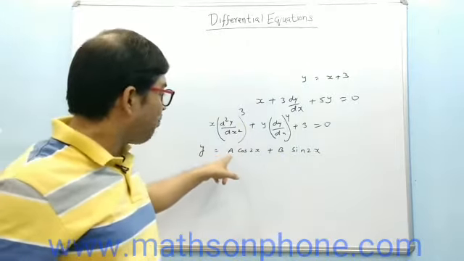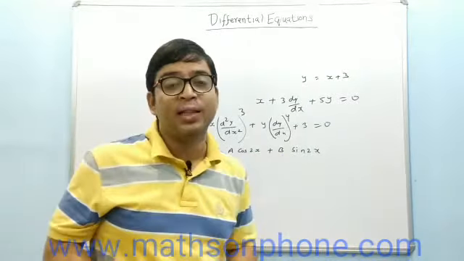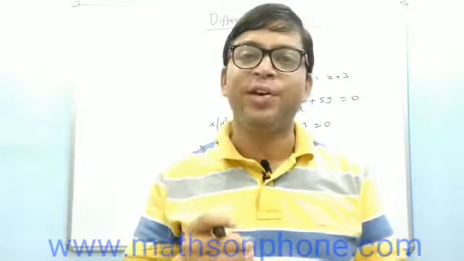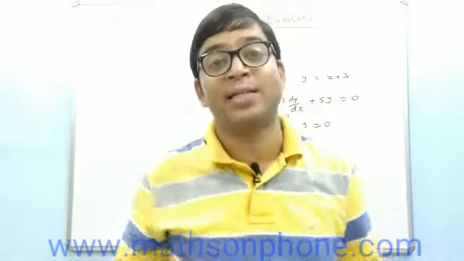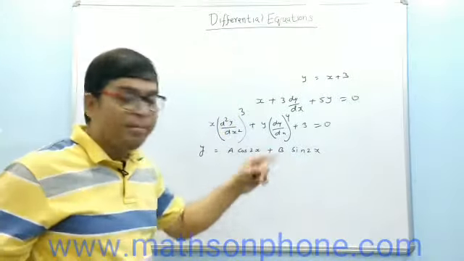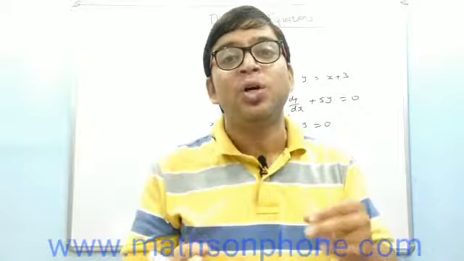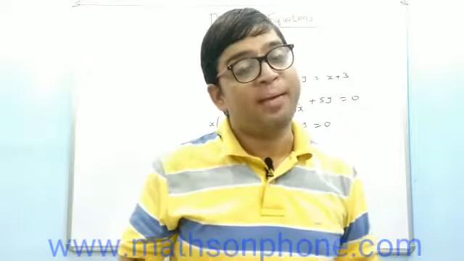See here, two parameters a and b are there. So to get rid of a and b, we have to differentiate twice. If 3 parameters were there, we would need to differentiate 3 times to get rid of the parameters.